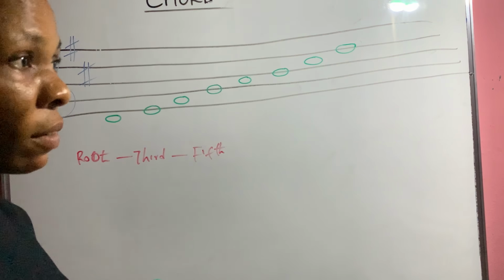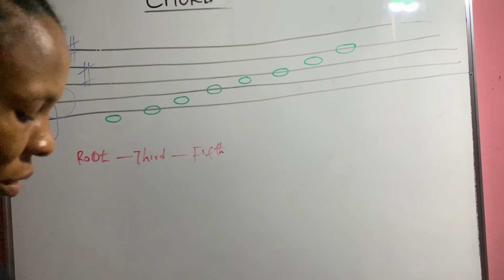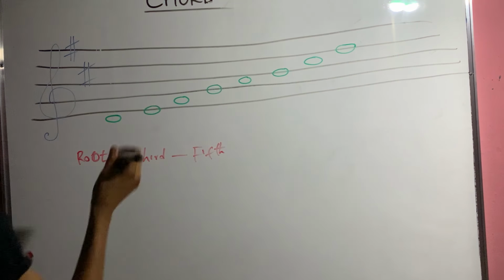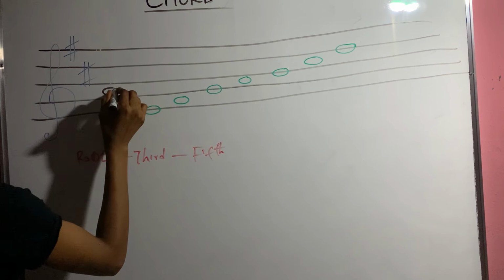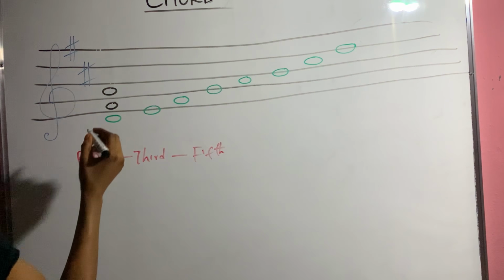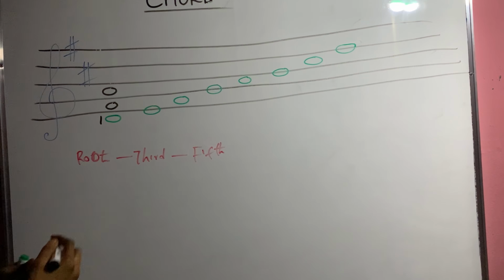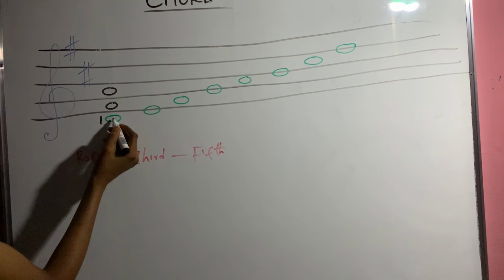Just like the interval, the same thing is applicable to a triad. I'm going to explain that. I'm going to show you where the root is. Now, a triad is made up of the root. Root is 1. Then the 3rd. From here to here is a 3rd because it's 1, 2, 3.